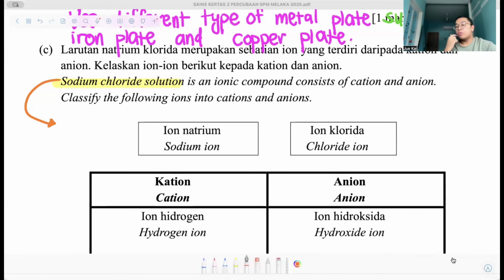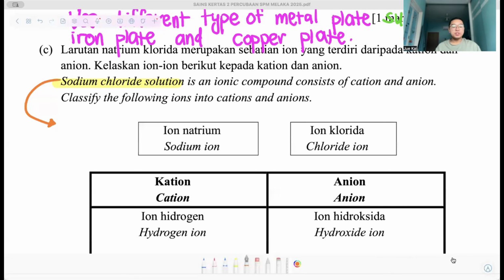Okay, let me tell you, if your Form 5 concept is not too strong, it's okay, but your Form 4 concept must be strong. Then you watch the recording 1,000 times. Confirm can go, because I already explained it really, really well.